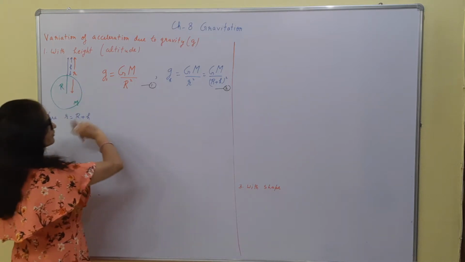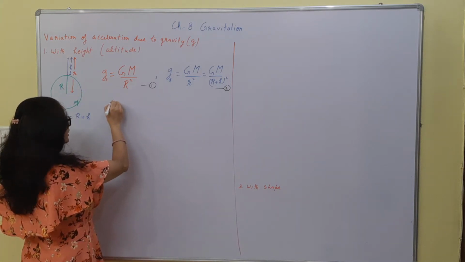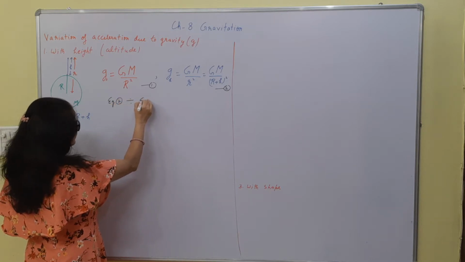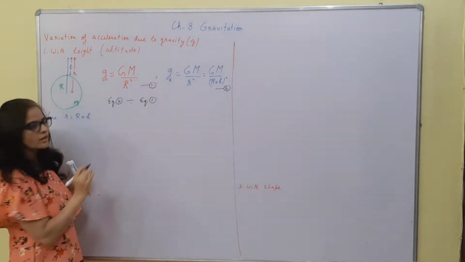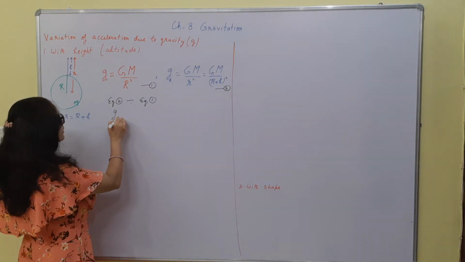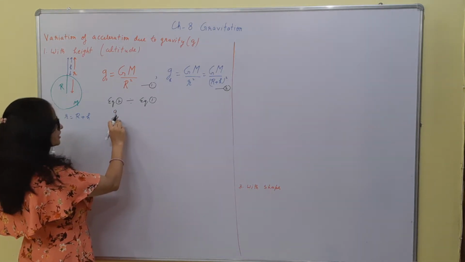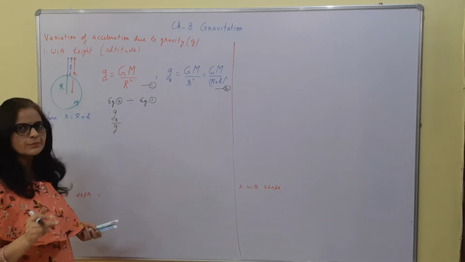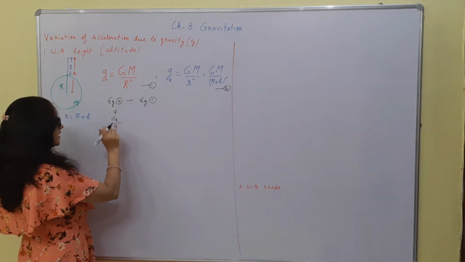So we are checking the variation with height. So we'll divide equation 2 by equation 1. What will we get? g_h. This is a suffix, don't write it of the same size. Suffix means this is just to denote that this is gravitational acceleration at height h.